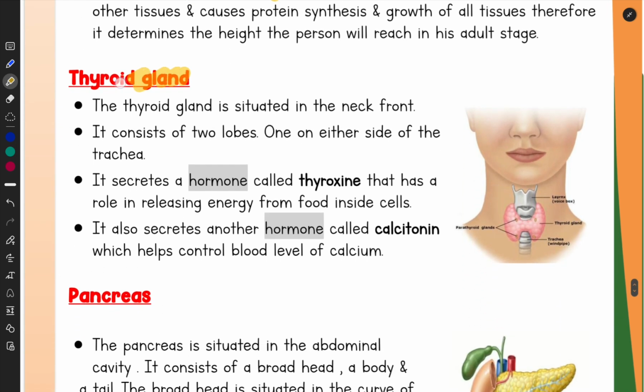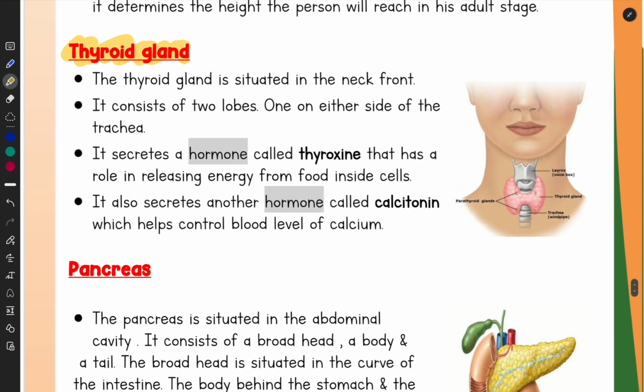Okay, what about the thyroid gland? The second gland we will speak about. The thyroid gland is situated in the neck, at the front of the neck. It consists of two lobes, one on either side of the trachea. You have the trachea right here.